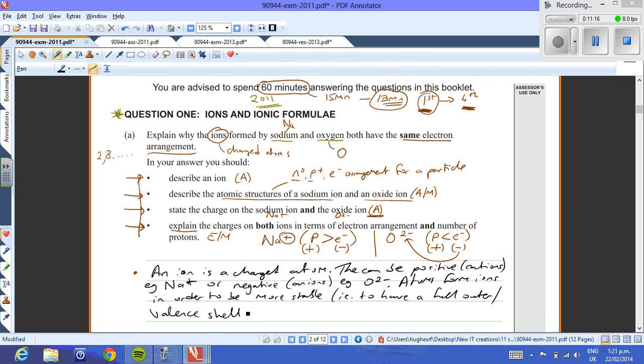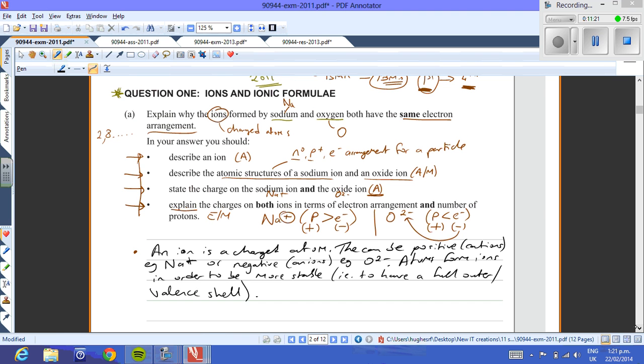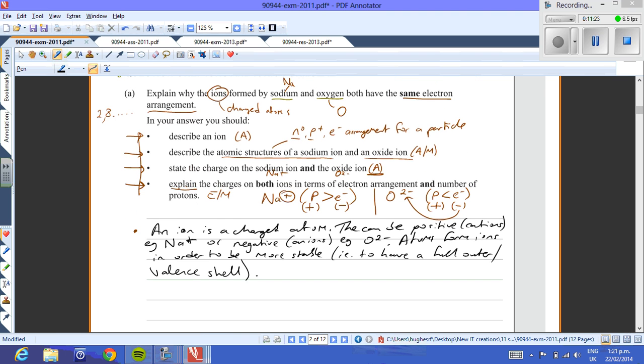So that is why atoms form ions in the first place. I'm just going to scroll down a bit here now. That's why atoms form ions. An ion is a charged atom. They can be positive cations, e.g. Na+, or negative anions, e.g. O2-. Atoms form ions in order to be more stable, i.e. to have a full outer shell or valence shell.